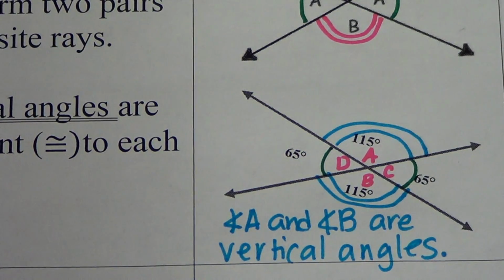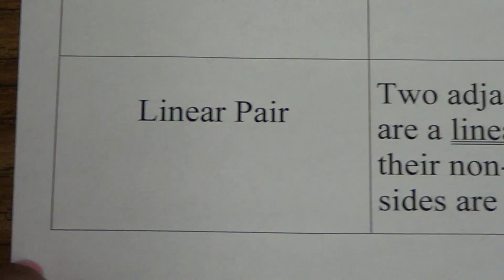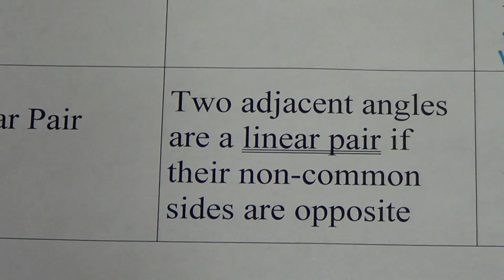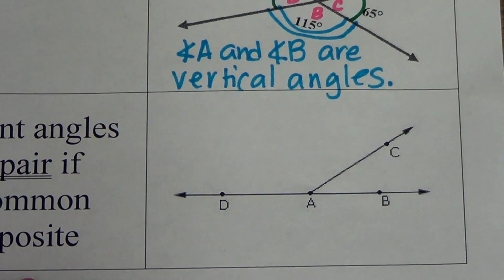All right, the next word we're going to talk about is a linear pair. This is also another important idea that you're going to see play out throughout the entire year. So two adjacent angles are a linear pair if their non-common sides are opposite. So let's take a look at what that looks like.